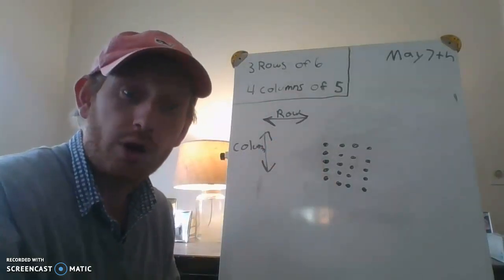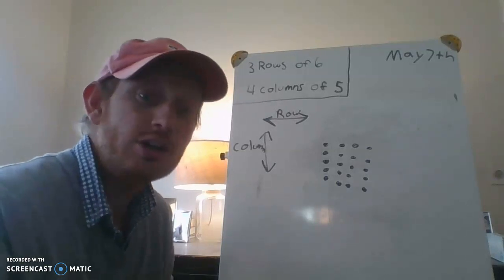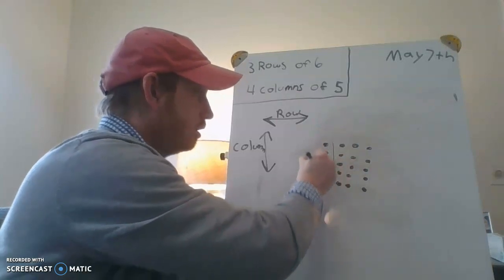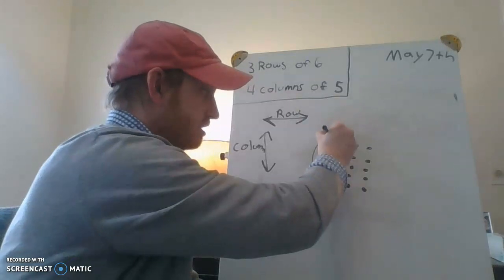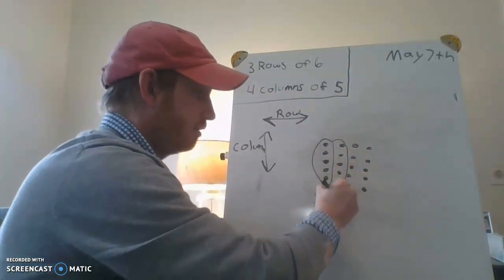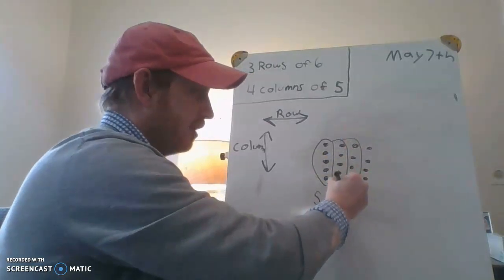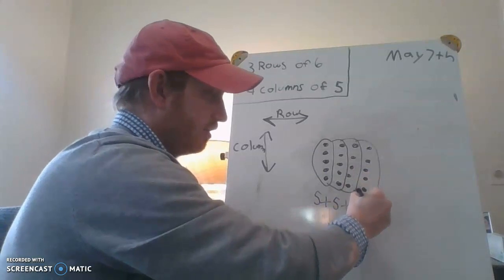Now, like before, we can make 2 repeated additions. This time we're going to start using the columns. So we have 1 column of 5 plus a second column of 5 plus a third column of 5 plus a fourth column of 5.